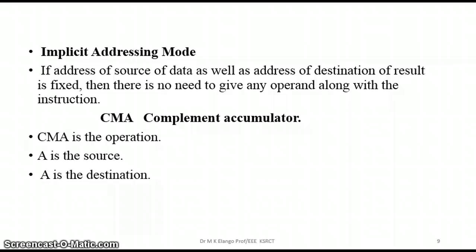Here the function of the instruction is just complementing the 8-bit data available in the accumulator. Whatever the data may be, it takes the complement and the result is stored in the same accumulator. Here CMA is the operation, A is the source and A is the destination. Everything is the same.